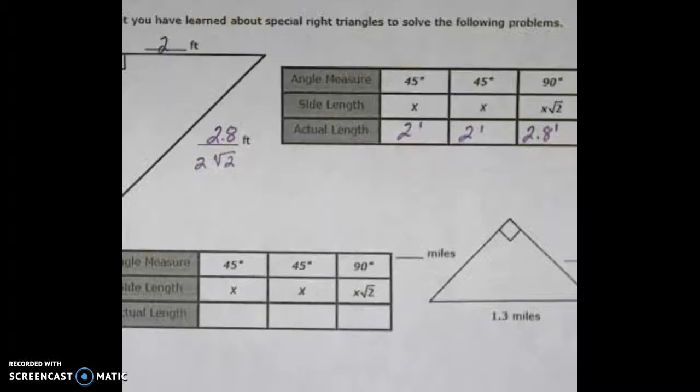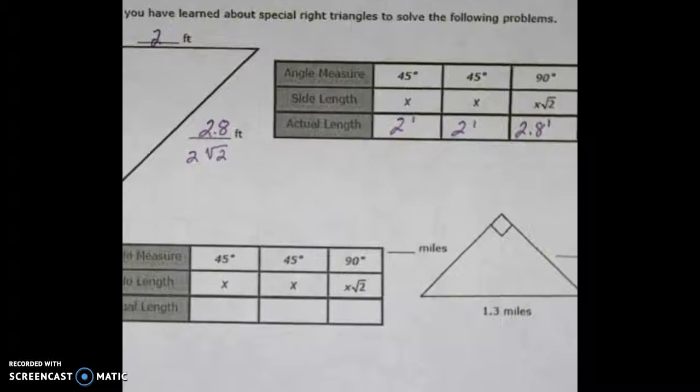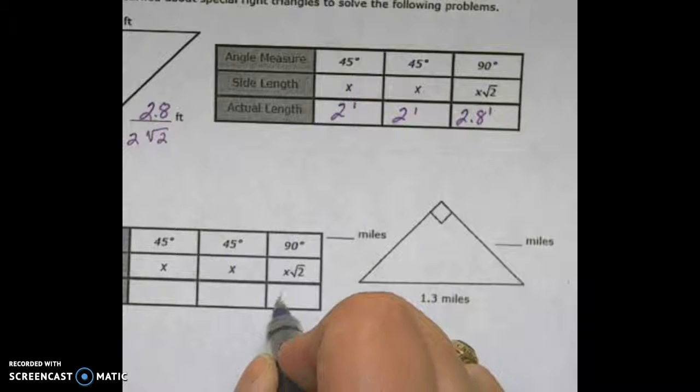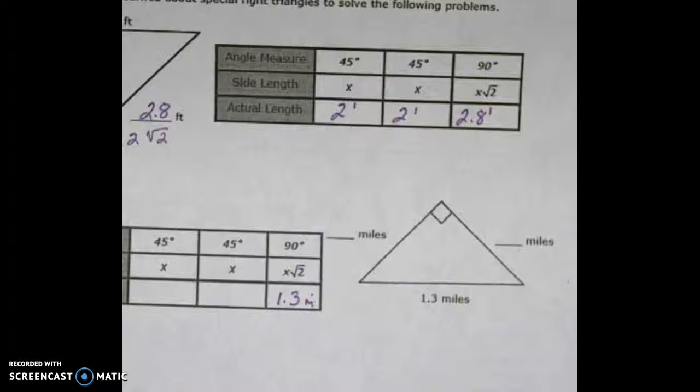The third problem on the page, again, is giving me a 45, 45, 90 degree triangle. Notice that in this case, I have the length of the hypotenuse of 1.3 miles. I know that that hypotenuse corresponds to the length x square root 2, and I'm looking for the lengths of each leg.